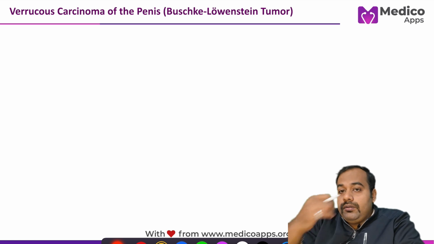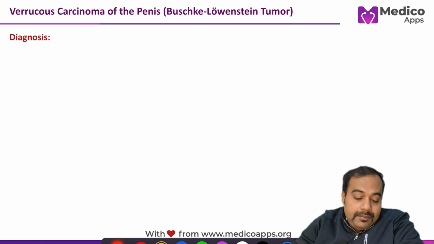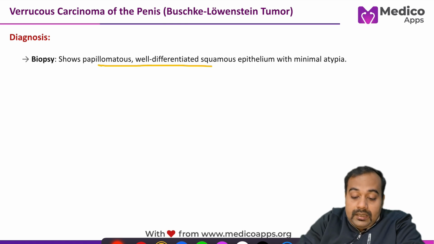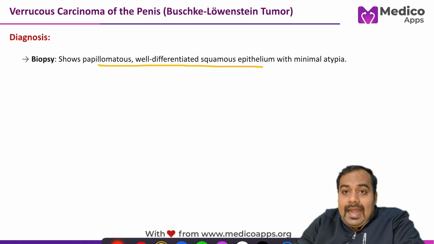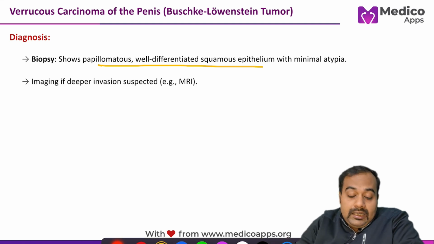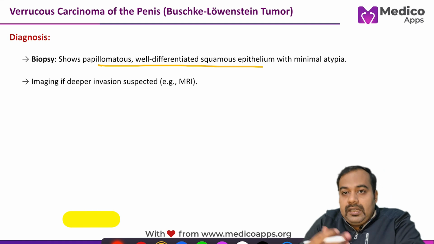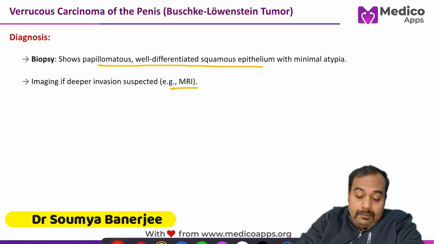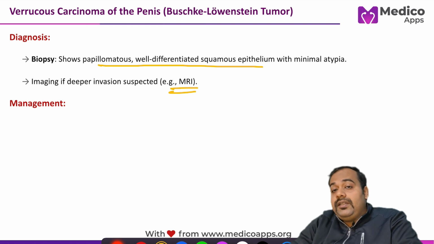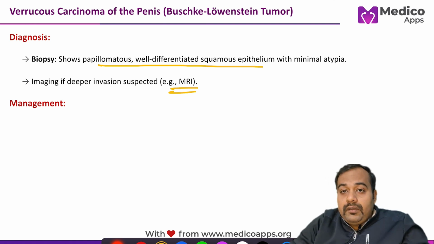For diagnosis, you have to take a biopsy. The biopsy typically shows papillomatous growth, well differentiated squamous epithelial cell nests with minimal atypia. If the report suggests deeper invasion, or deeper invasion is suspected, you have to go for MRI. For management, you have to consider whether it is a superficial or deep cancer.